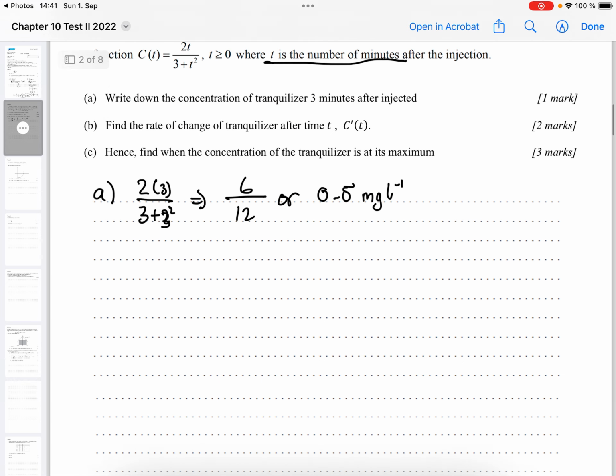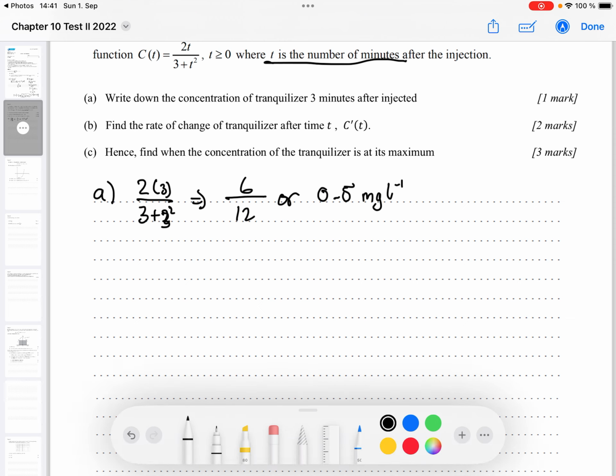Part B says find the rate of change of the tranquilizer after time t, C prime of t. So C prime of t can be differentiated using the quotient rule, which our formula booklet says that if you're trying to find the derivative of a function which is divided by another function, you find the derivative of the first function and multiply it by the second function and subtract the other one with the inverse, and then you divide by the second denominator function squared.